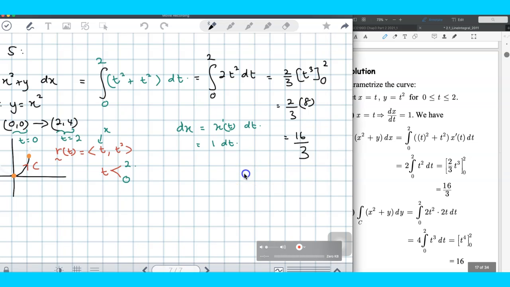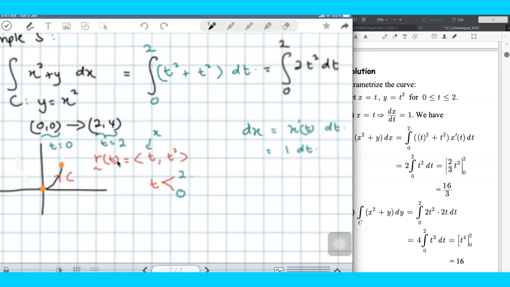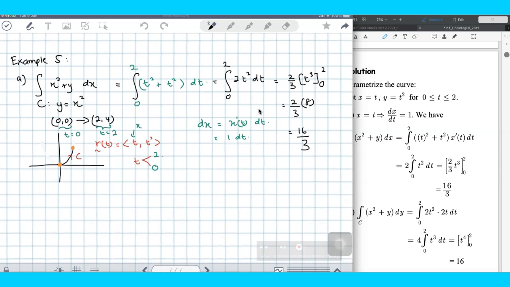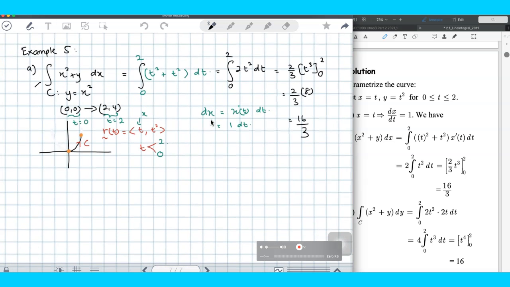Okay, so this is how you evaluate a line integral with respect to x, not ds. Actually, there is another way. Instead of converting everything in terms of t, there is a way which I think is simpler.